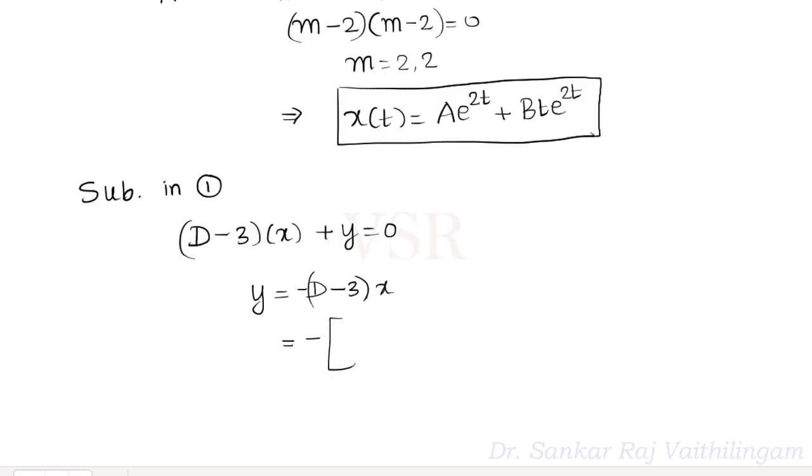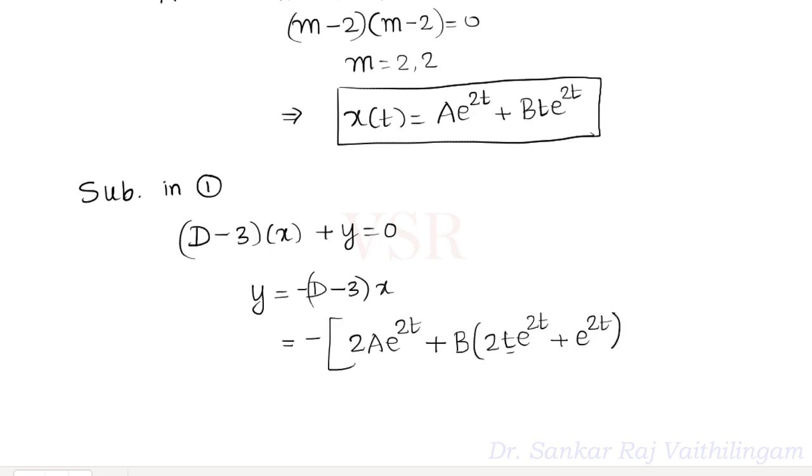Now let us differentiate x with respect to t. What do we get? 2a e to the power 2t, differentiating gives 2, so 2a e to the power 2t, plus we need to differentiate b t e to the power 2t. So we get 2b t e to the power 2t, since differentiating e to the power 2t gives a 2, plus e to the power 2t into 1.